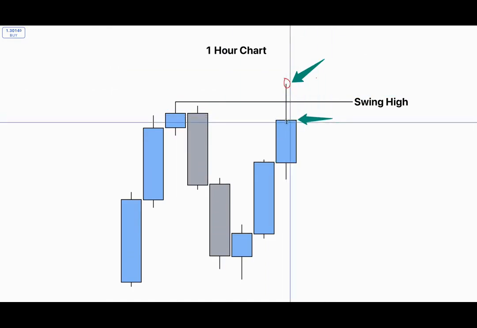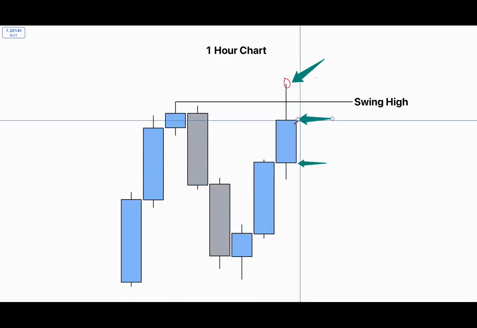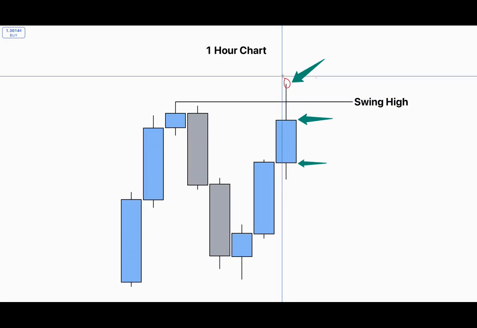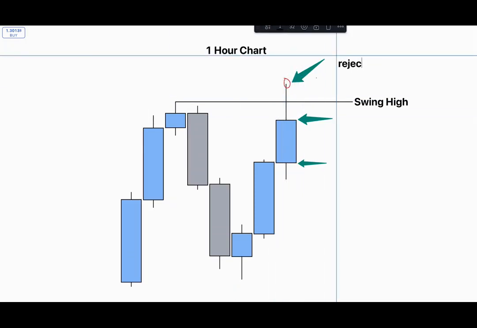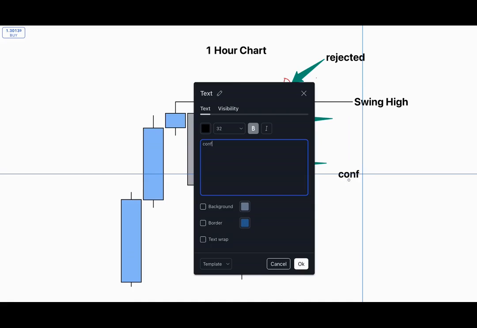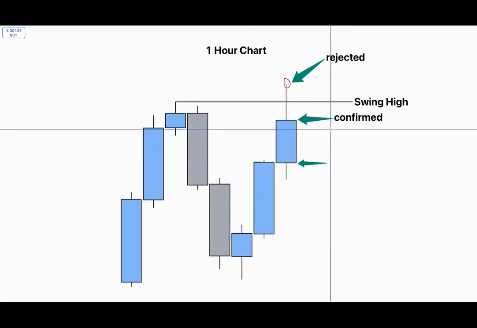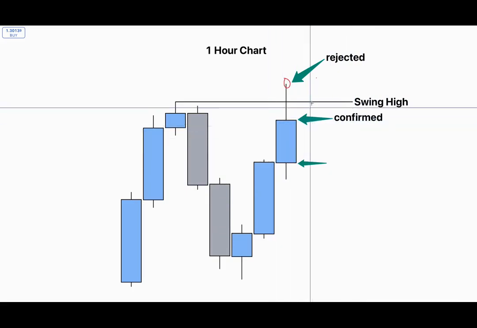Now this means that the only confirmed price action within this price range is between this low, the open price, and this high, the closure price. Anything above that was just attempted price, also known as rejected price. So this is rejected price action, and then this is confirmed price action just here. Now what does this show? Well, this shows the confirmation is actually confirmed lower than the previous swing high.